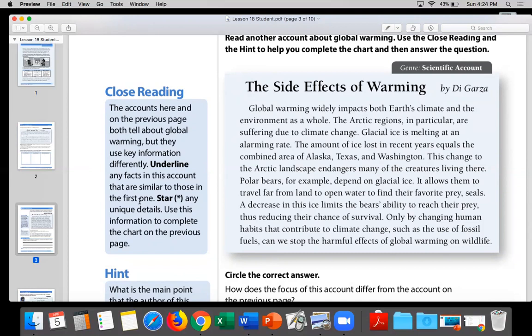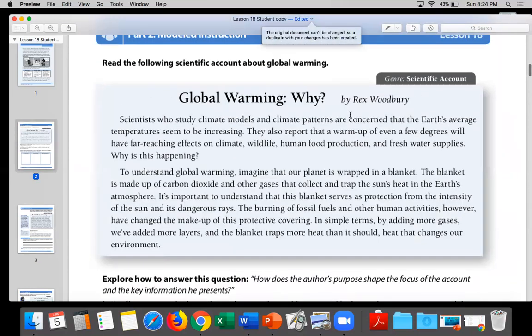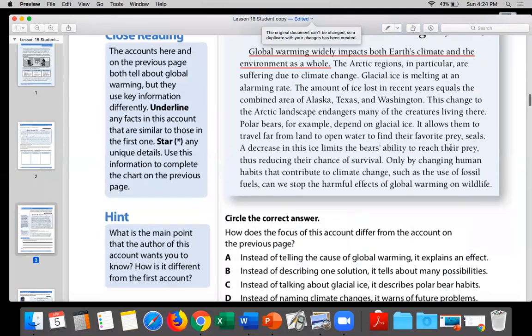Okay, the first thing is the first sentence. Global warming widely impacts both Earth's climate and the environment as a whole. Okay, and this one talks about that right here. So it talks about it will have far-reaching effects on the climate, and then wildlife, human food production, freshwater supplies, all of that is the environment.